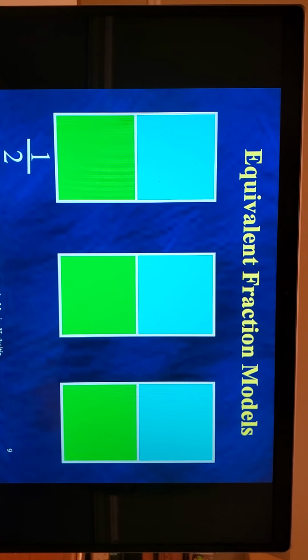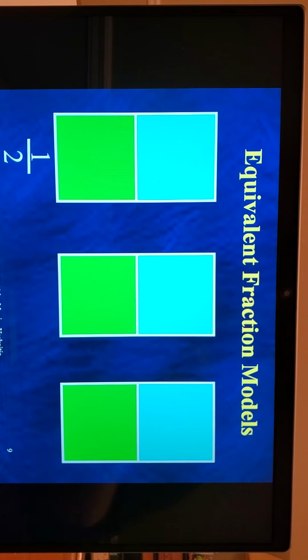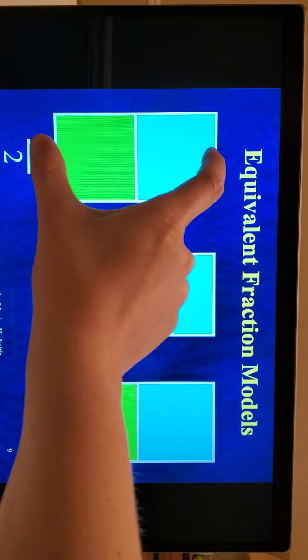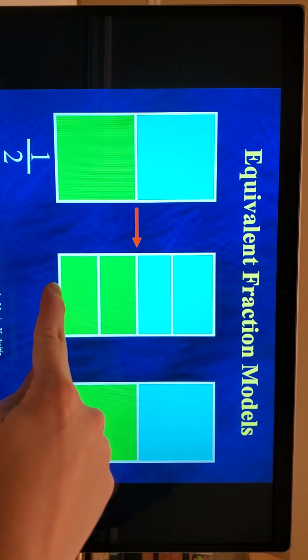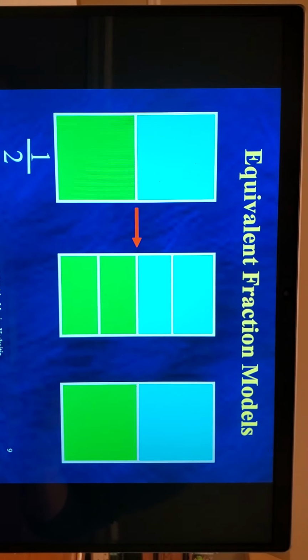Let's look at some more examples. Here we have 1/2 of our rectangle that is green. In the next rectangle, we're going to take that same rectangle, it's the exact same size, and this time we're going to break it into 4 equal-sized pieces. Here we had 2 equal-sized pieces.